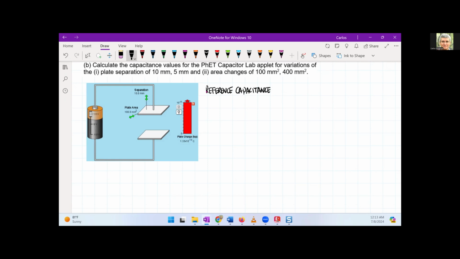And what we're seeing here is that we're going to again use the vacuum value, which is equal to epsilon naught, which we know is 8.85 times 10 to the minus 12 farads per meter. And you could see here that the area in this situation is 100 millimeters squared, but we have to convert this into meters.